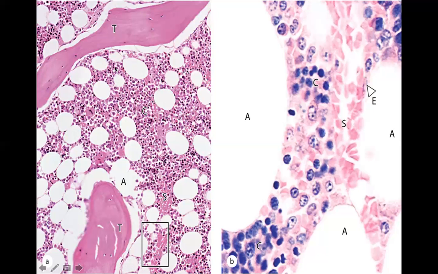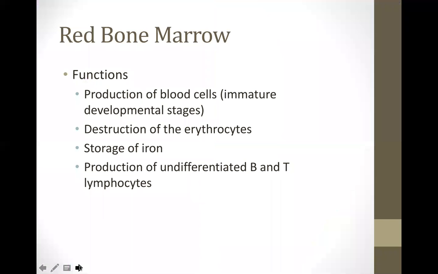So in this spongy bone, we've talked about the trabeculae or the bone matrix last prelim. But for this first topic of the midterms, our concern is the bone marrow itself. This is where blood cell formation occurs. And so, red bone marrow function number one is the production of blood cells.